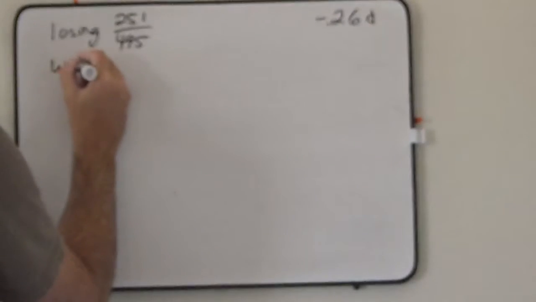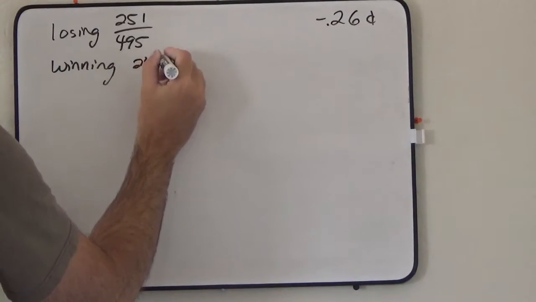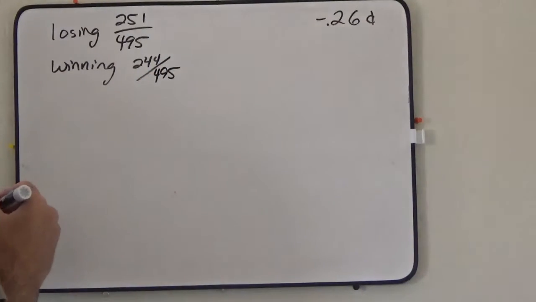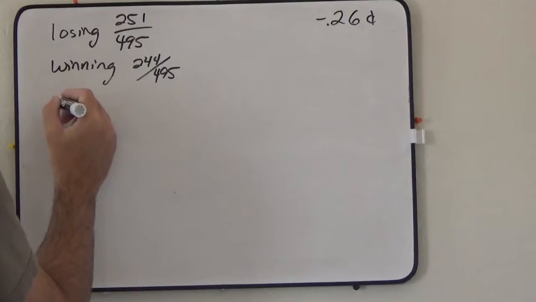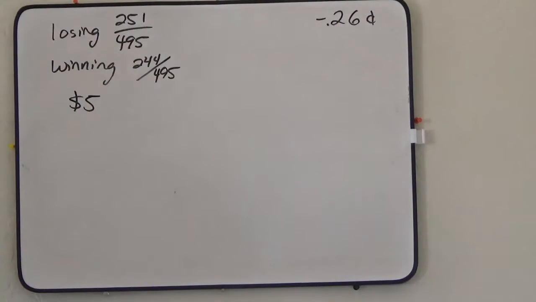And winning, your probability is 244 out of 495. Okay. Your earnings or your net would be $5. The reason is because you get $10 if you win and you paid $5, so you are really only getting a net of $5.